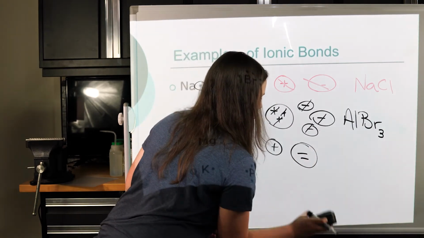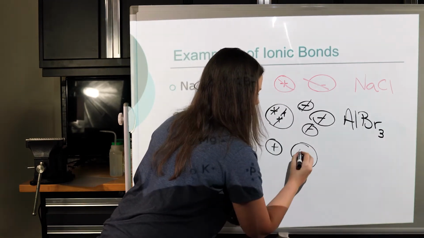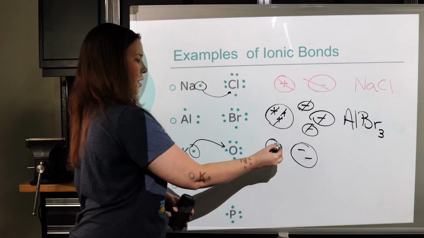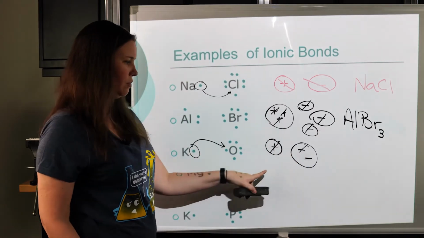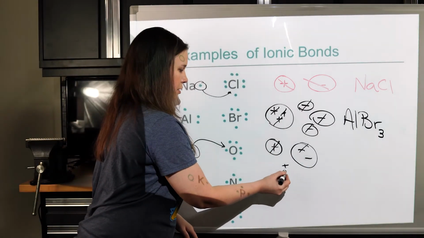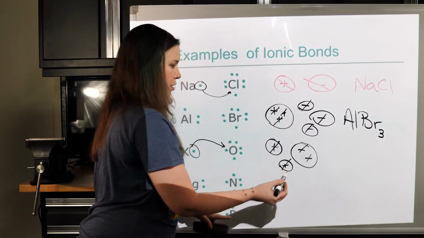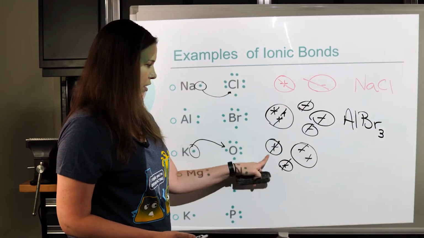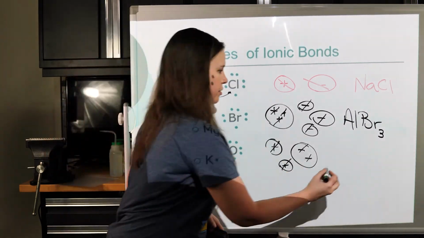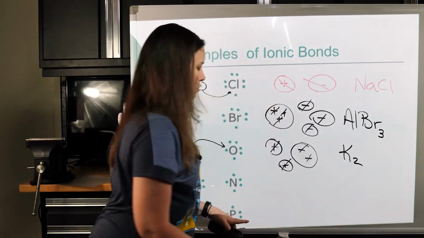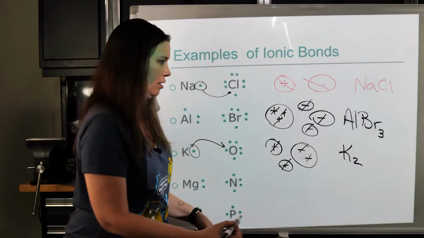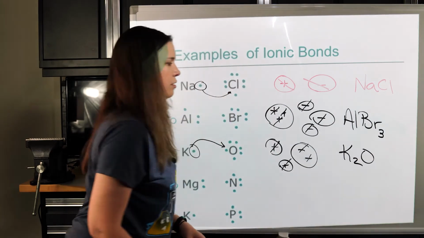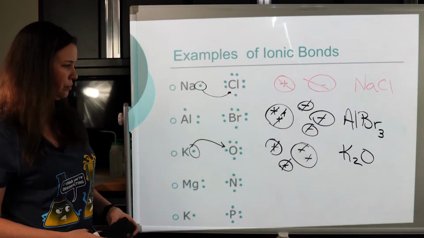That kind of looks like an equal sign. That's supposed to be 2 separate minus charges. So the positive can cancel with one of the negatives, but we would need another positive to cancel with the other negative. So we have the positive atom twice, K2, whereas we have the negative atom only once, K2O.